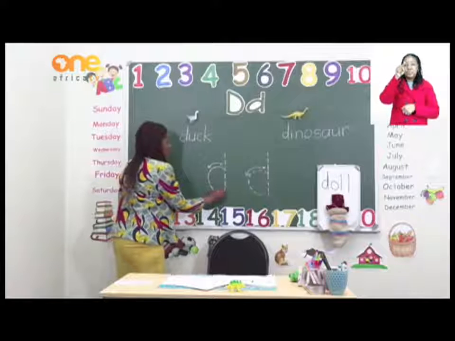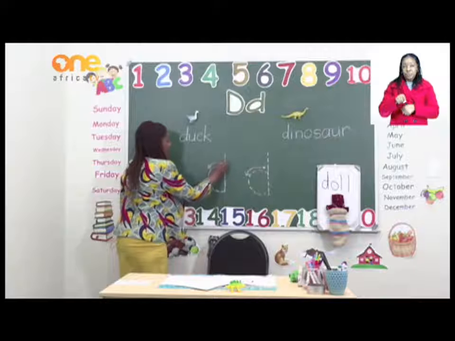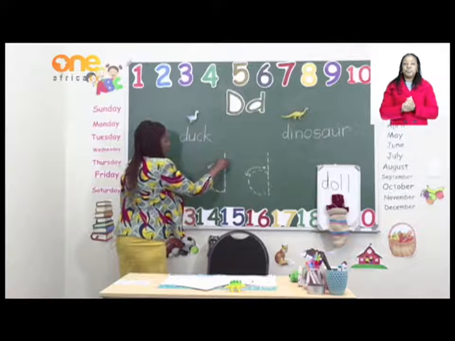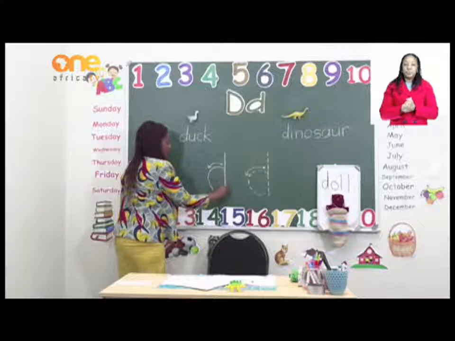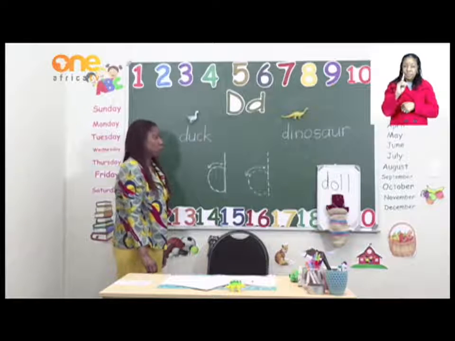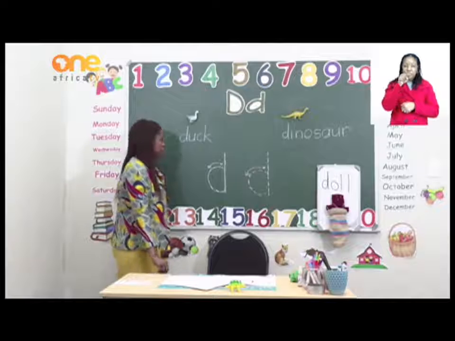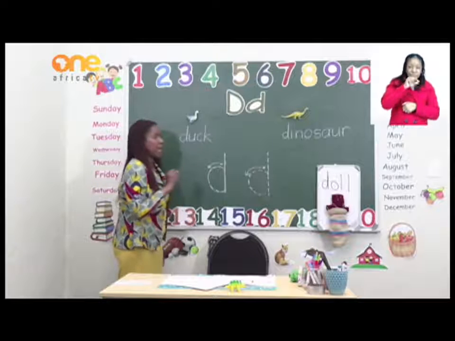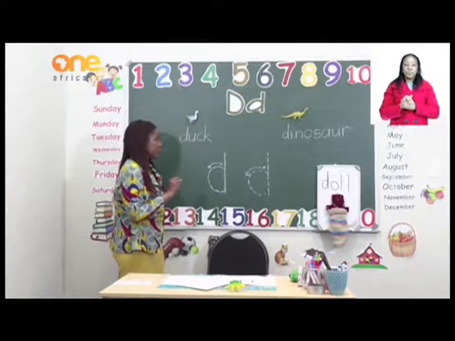And we go all the way up, up, up, and we go down, down, down. So as you write letter D, make sure that you do not lift your hand or pick up your pencil.